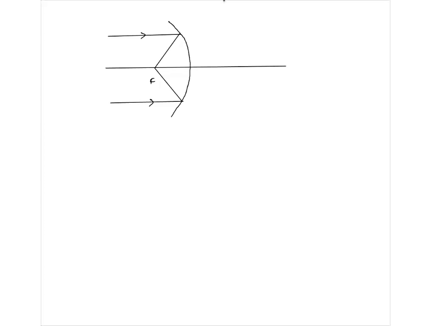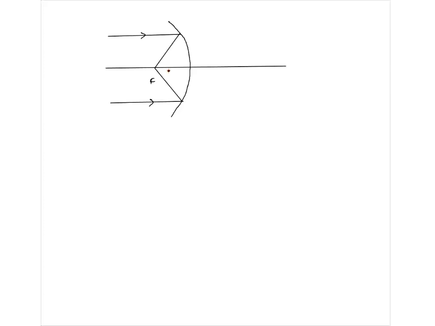Like for us, the sun is so far that the rays that come from the sun can be considered as parallel rays. Now, that's the definition of focus, and this length, from pole to F, is called the focal length.